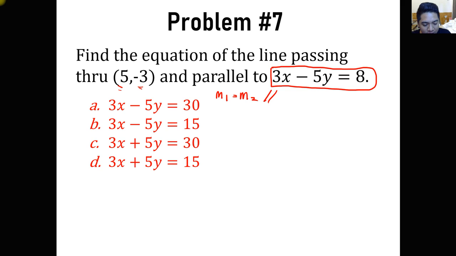The slope there is negative a all over b, in which this would be your a and this would be your b. So your negative a is 3, and your b is -5, so the slope is 3/5.